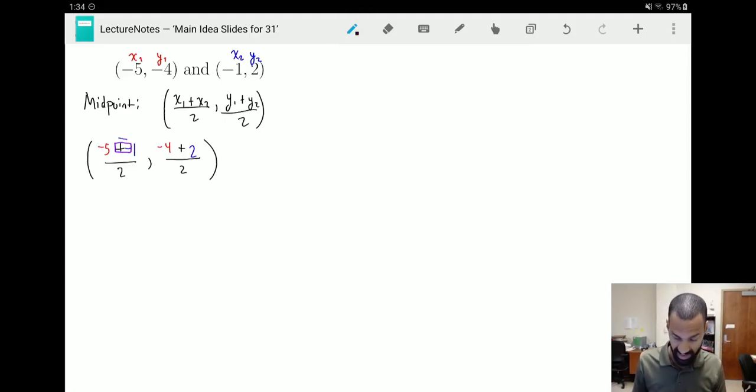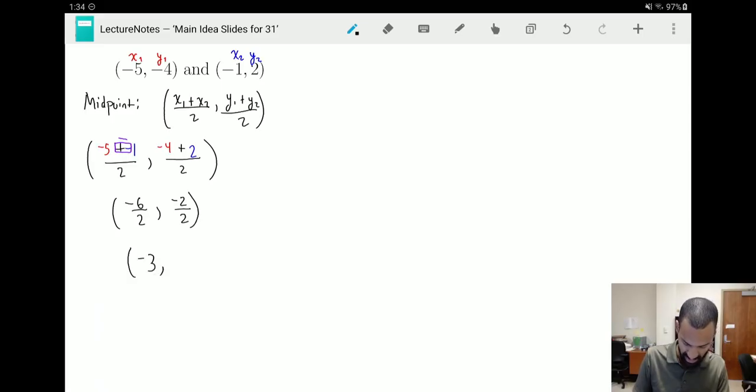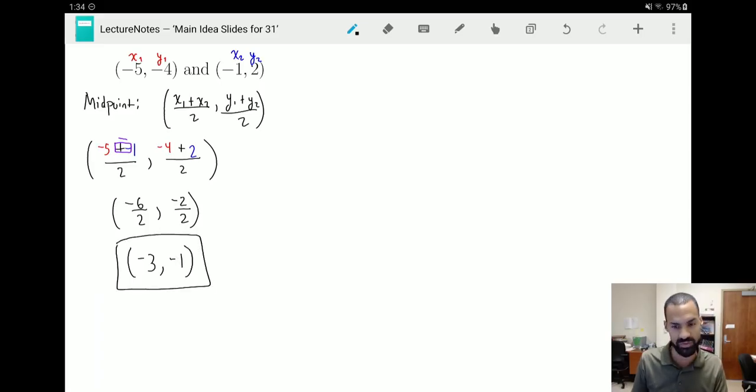So negative 5 minus 1, that's negative 6 over 2. And negative 4 plus 2 is negative 2 over 2. Now let's simplify each of those. Negative 6 over 2 is negative 3. And negative 2 over 2 is negative 1. So there is our midpoint. That's the point right between those other 2 points.